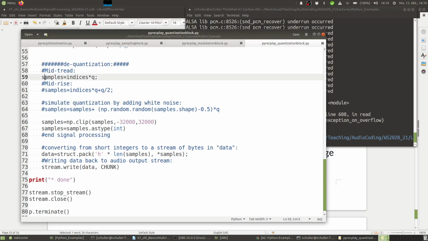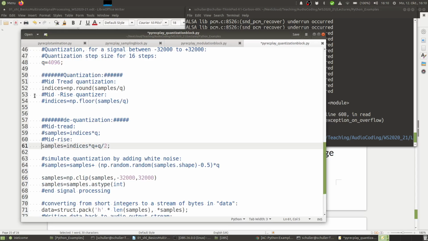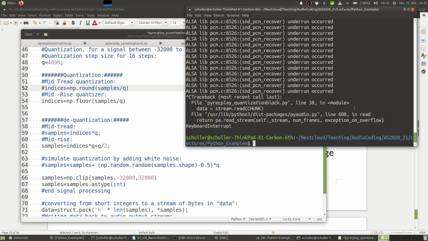So now I can go to a mid-rise. So here I'm doing the floor operation. Here is the quantizer. Here's the dequantizer. Here multiply plus Q over 2 because of this floor operation. And try it again.